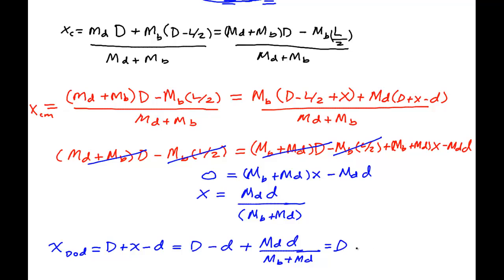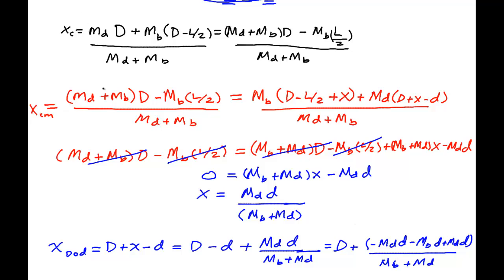That's D, and then I get plus, when you multiply mass of the boat times the mass of the dog times d, you get two terms. You get minus MD d, minus mass of boat times d plus mass of dog times d, all of this over mass of the boat plus mass of the dog.